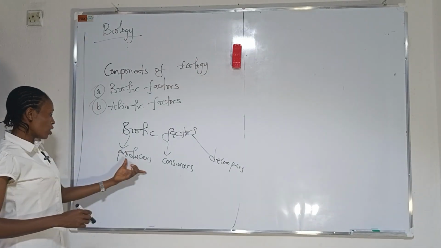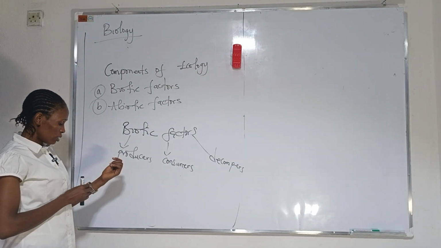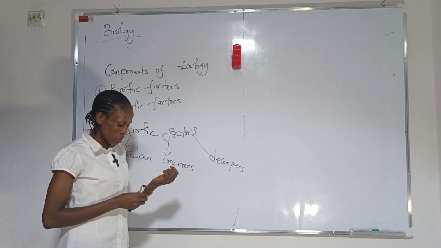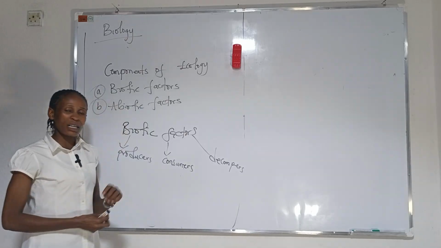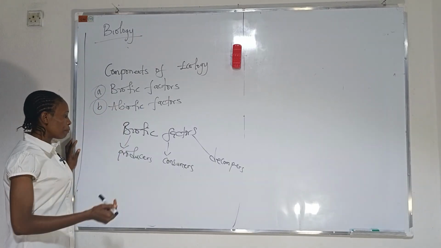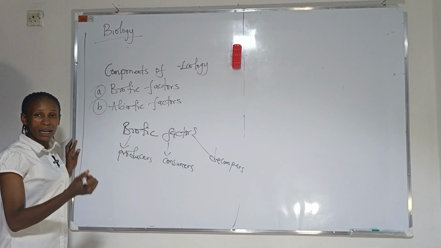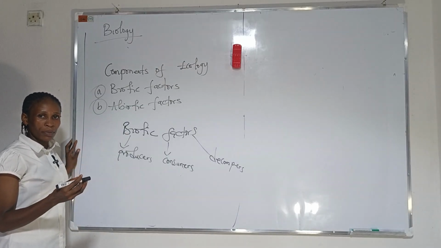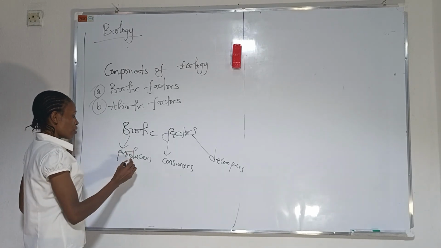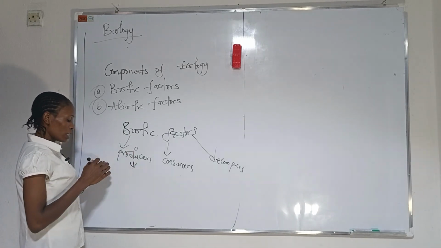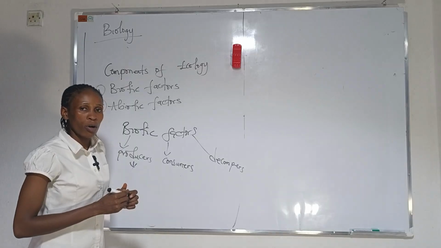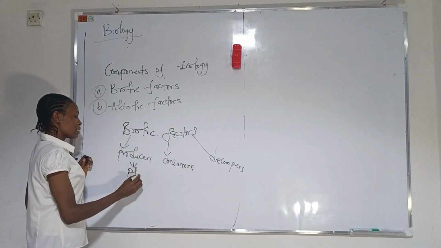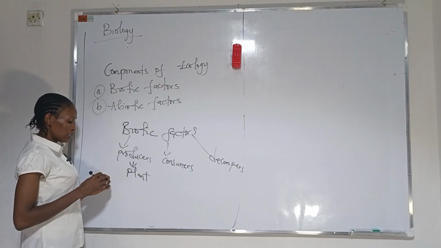Okay, the first one is producers. When we are talking about producers, it's from the word produce. These are the organisms that produce the food that you and I consume as the consumer. Let's take for instance the first producer that you and I know, or if you've not learned it before, know it now: plants.